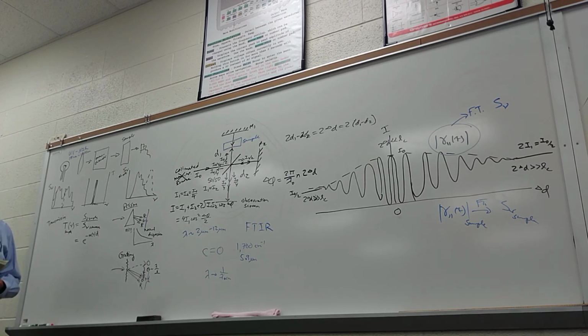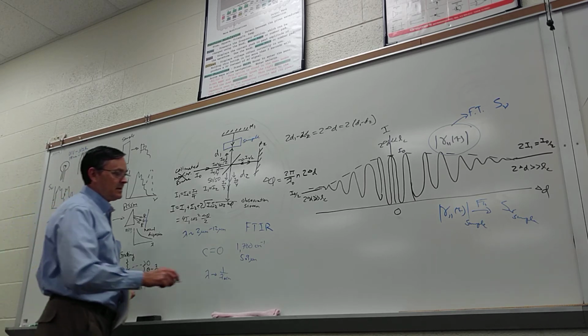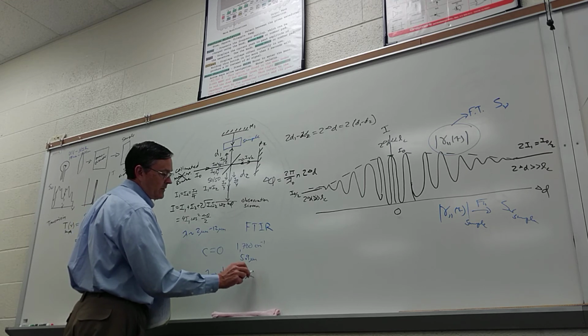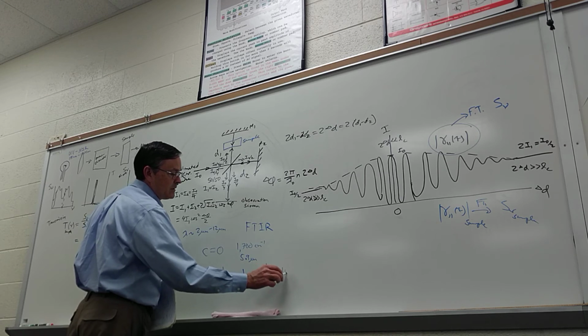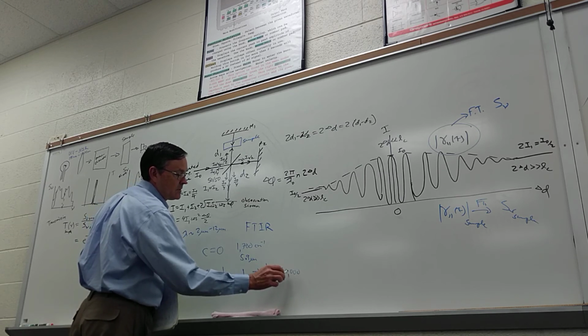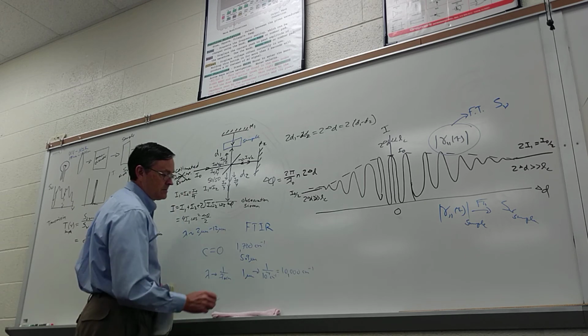So if you're at, say, 1 micron, that's 10 to the minus 4 centimeters. So that means 1 micron is 1 over 10 to the minus 4 inverse centimeters, which is 10,000 inverse centimeters.